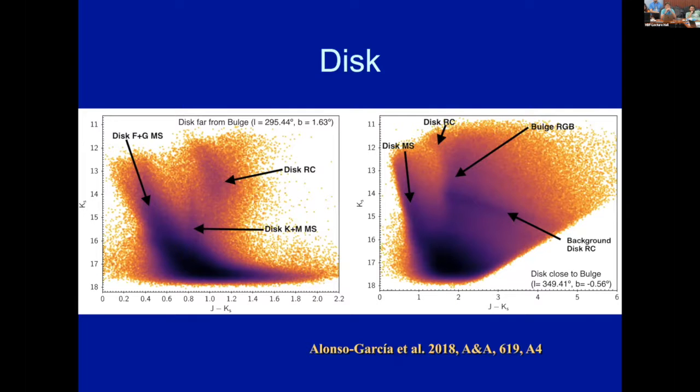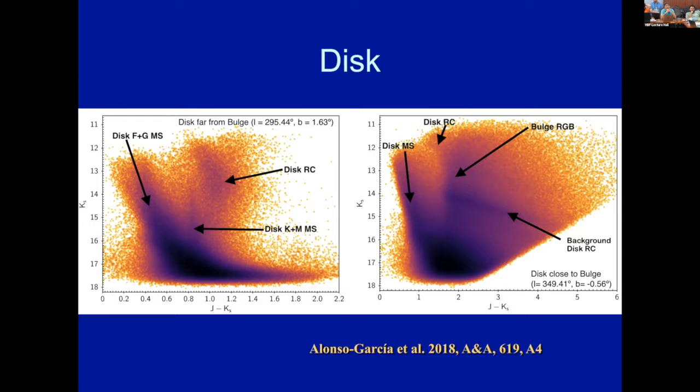We have been collaborating and trying to get scientific results, and some of the results that you can get from this PSF photometry have been, for example, finding the mass of the bulge, or better defining the X shape of the bulge.